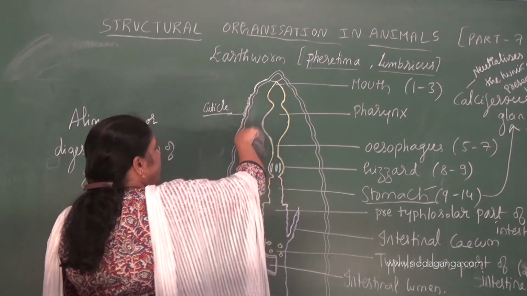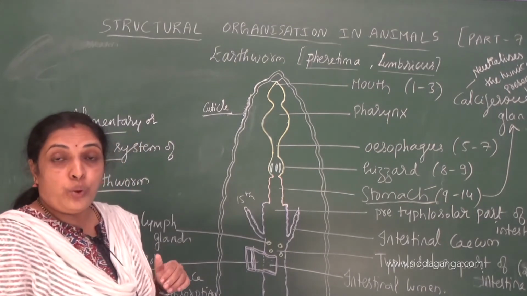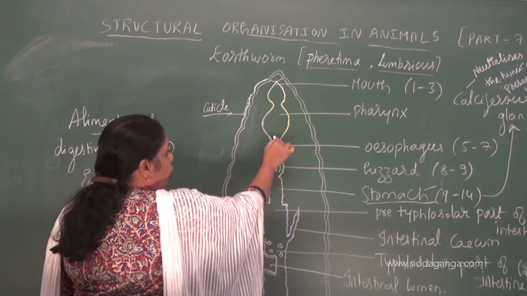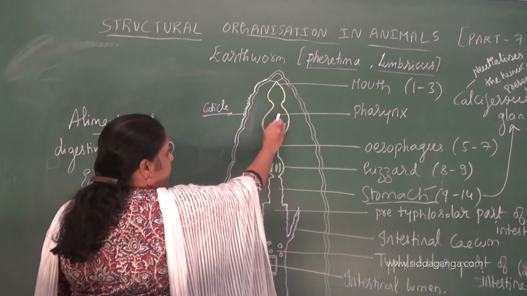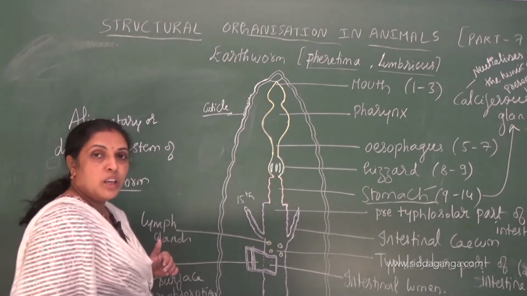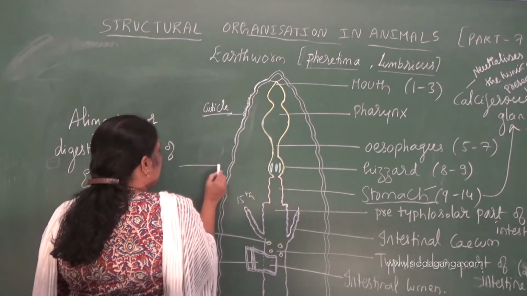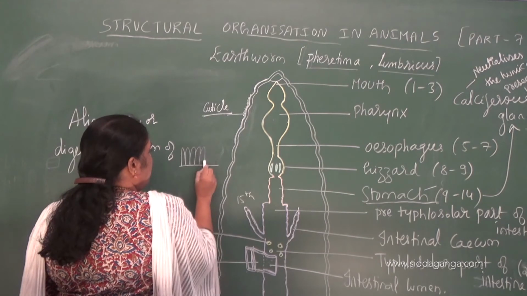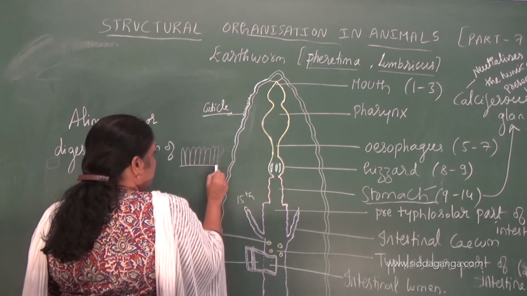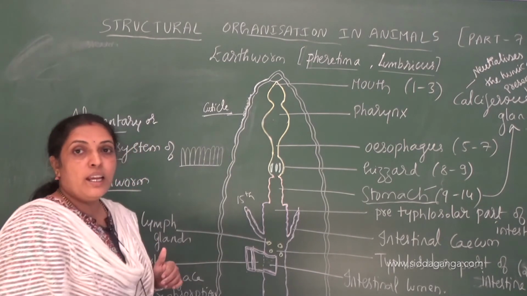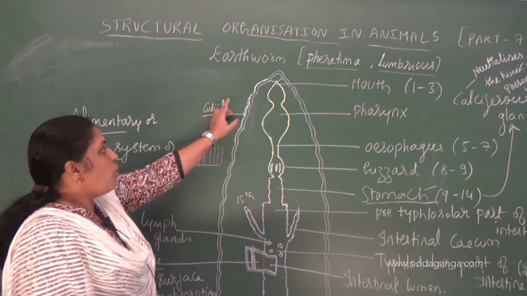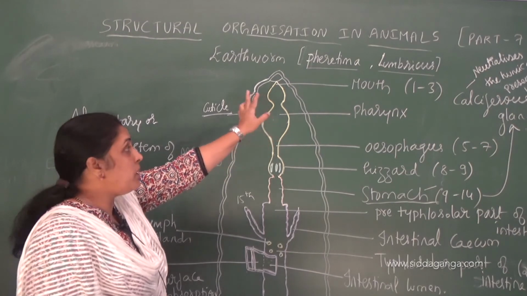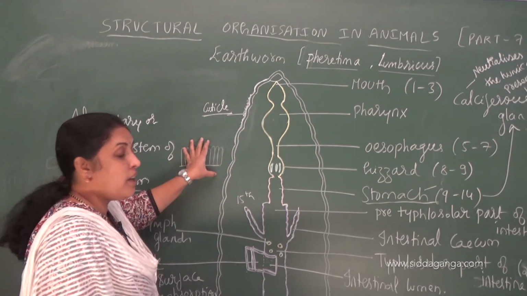One is the circular muscular layer and the other is the longitudinal muscular layer. After that, we see the coelomic epithelium. This coelomic epithelium is lined by a single layer of columnar epithelium which contains digestive glands or secretory glands. The outermost layer is non-cellular, it does not contain any cells, but it contains the secretion of the epidermal cells.